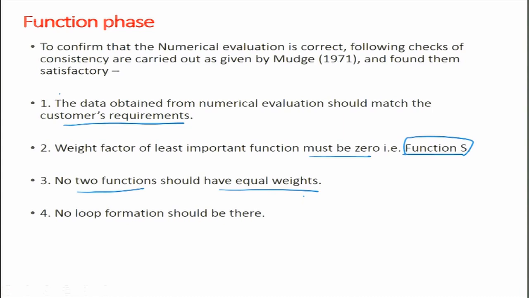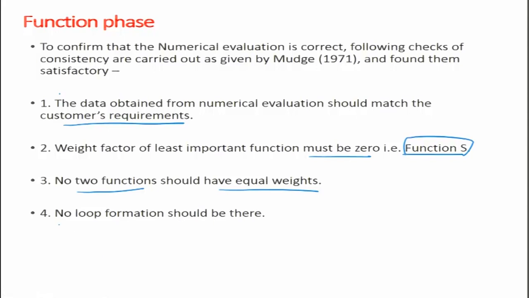As I said in the previous lecture, if two functions are having equal weights, that means the functions are performing kind of a same purpose, or they might be made for same purpose, or sometimes the purpose might be different but the weights are equal. Then we have to adjust our numerical comparison sheet a little to have the difference in the weights. Okay, no loop formation should be there.